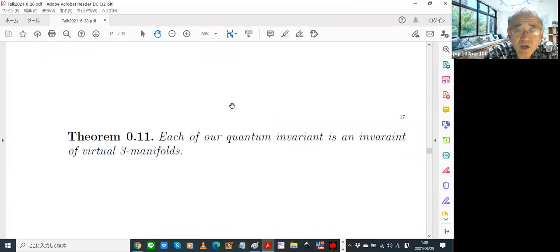And it's trivial, by our theorem and the Dye-Kauffman theorem, each of our quantum invariants is an invariant of virtual three manifolds. So we get an invariant of three manifolds and that of virtual three manifolds.